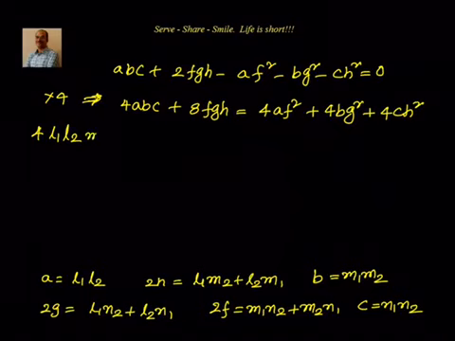So it will be 4 L1 L2 M1 M2 N1 N2 + 8fgh, that is nothing but 2g into 2f into 2h, or 2h into 2g into 2f.